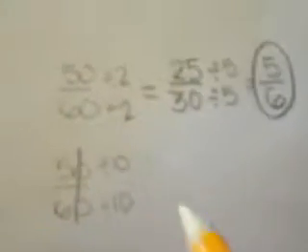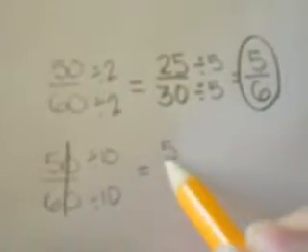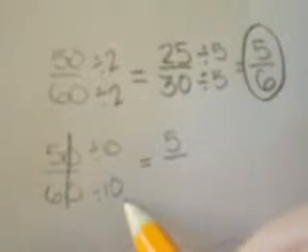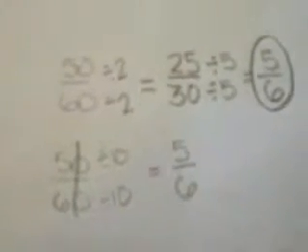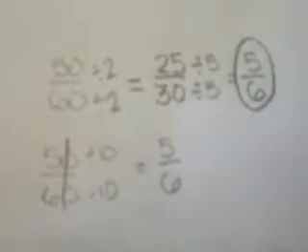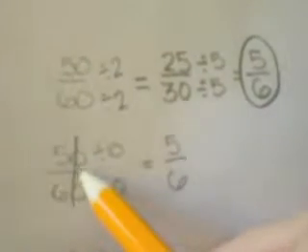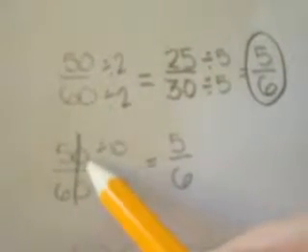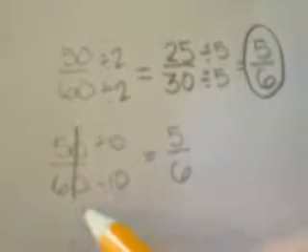And if we look at 50 divided by 10, we get 5. And 60 divided by 10, we get 6. So a short trick would be anytime you see a fraction that's ending with a 0 in the numerator and the denominator, you can just know they're divisible by 10 and get rid of those zeros.